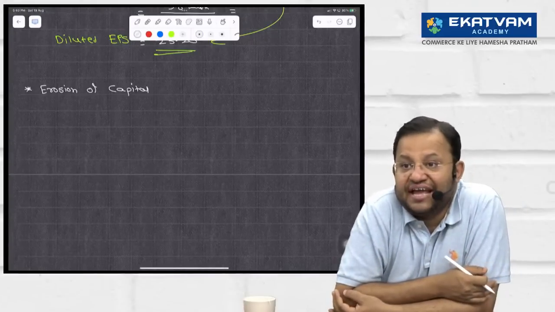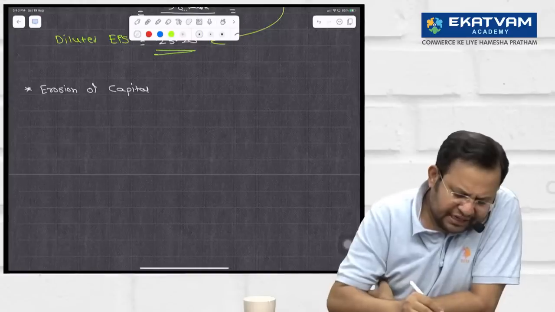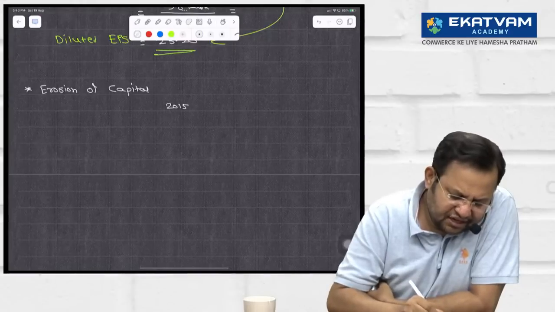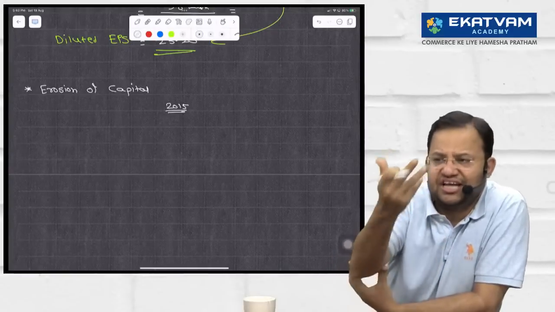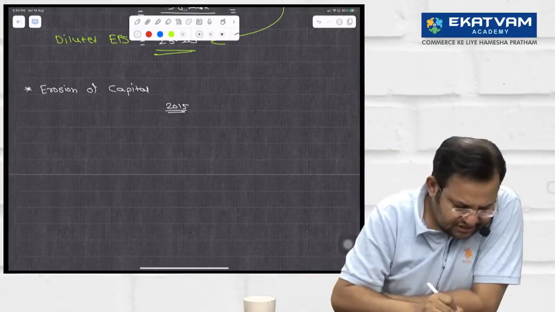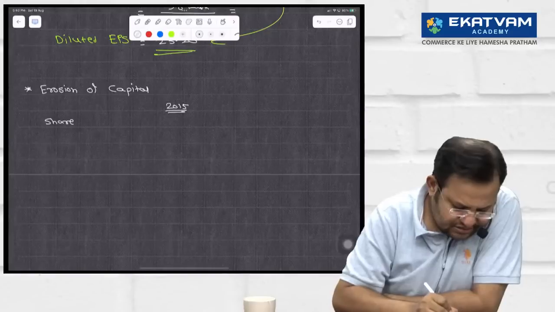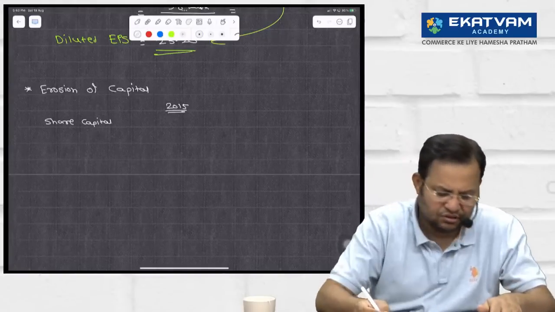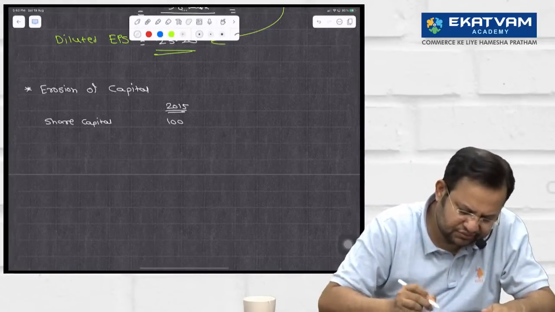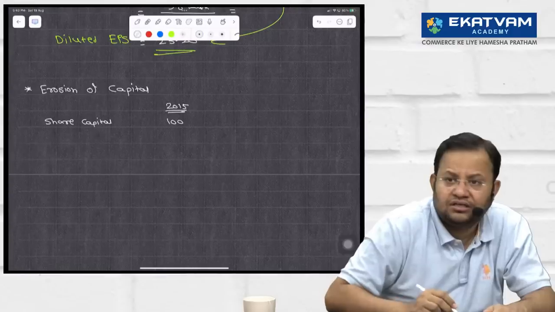Let's say in 2015, a company raised capital by issuing shares. Share capital was 100 crore.